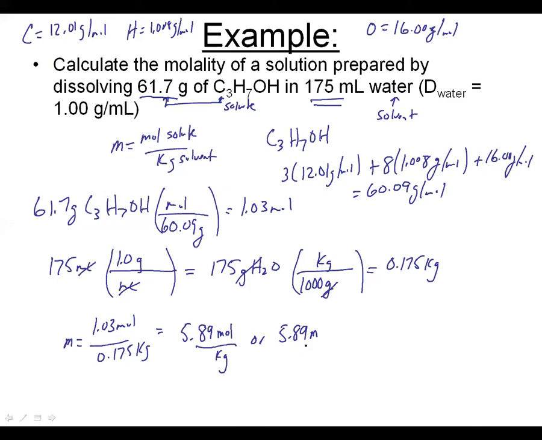So we will see molality pop up down the road in another chapter. It is when we talk about colligative properties, things like boiling point elevation, freezing point depression, vapor pressure lowering, all those types of things, that we commonly see molality. Not so much the vapor pressure, but the other two.